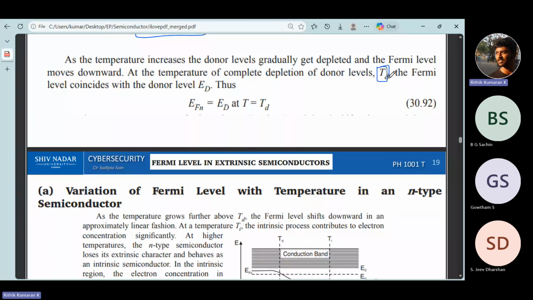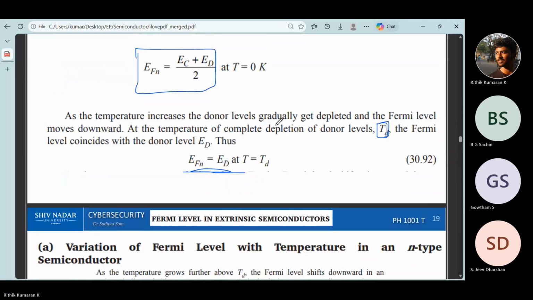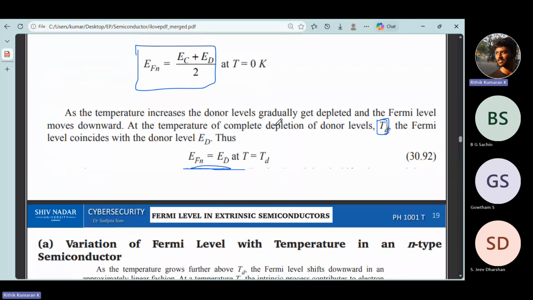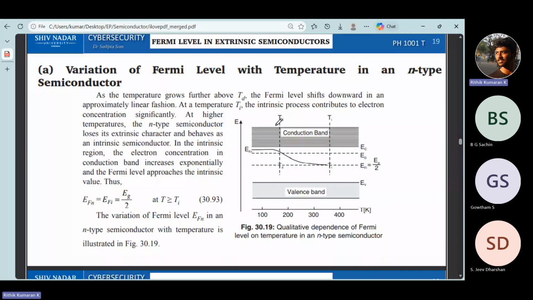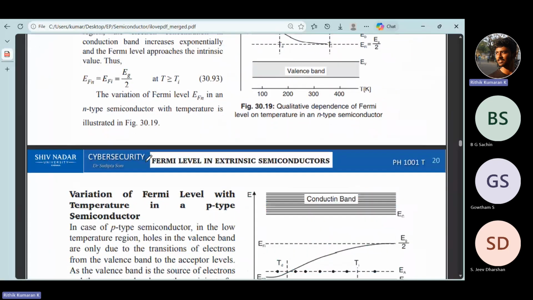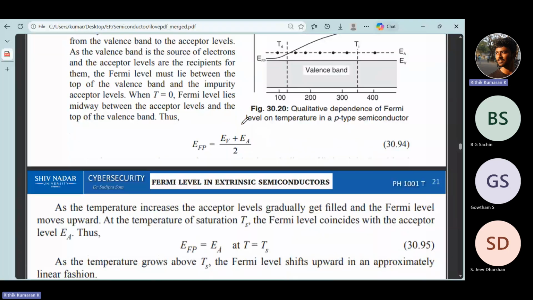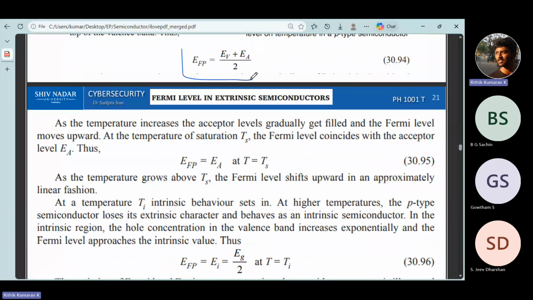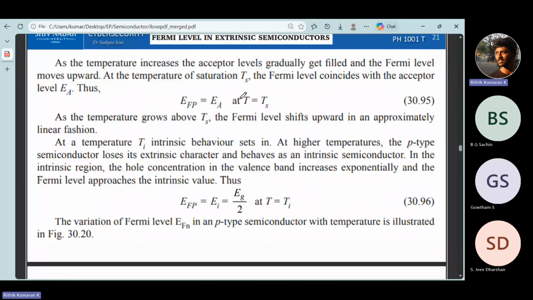If the temperature equals TD, the Fermi level will become equal to the donor level. Pretty much the same in the P type. At 0 degrees, the Fermi level lies between the valence band and the acceptor level, and at a temperature where it completely gives all the holes, called TS, the Fermi level will be equal to the acceptor level.